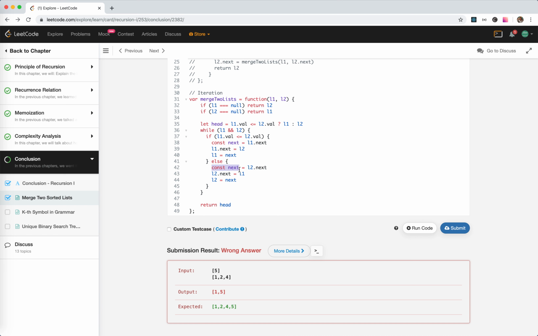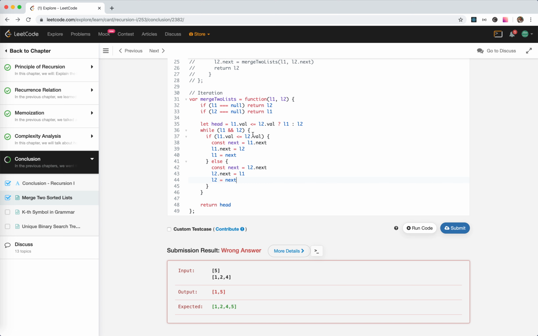L2 next, then 1, 2, and then we will compare 4, 5 and 2.